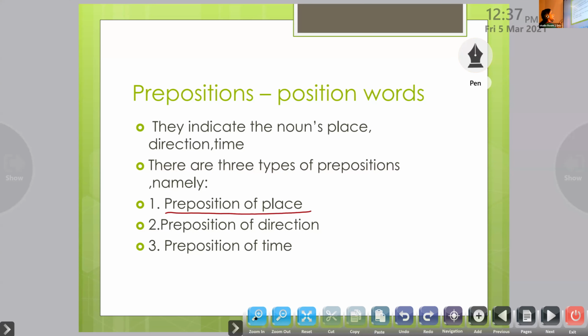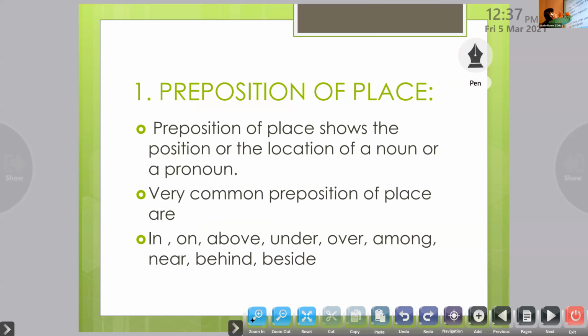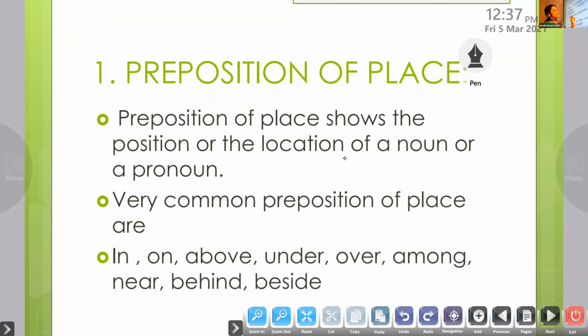Prepositions of place show the position and also the location of a noun or a pronoun. Is that clear to all of you?